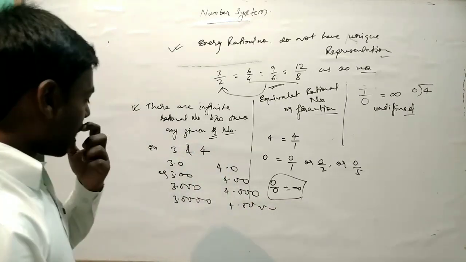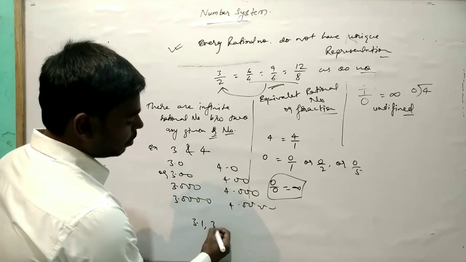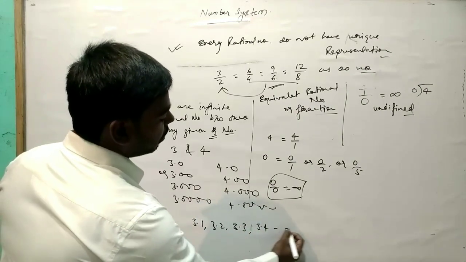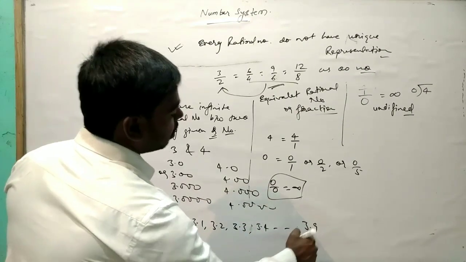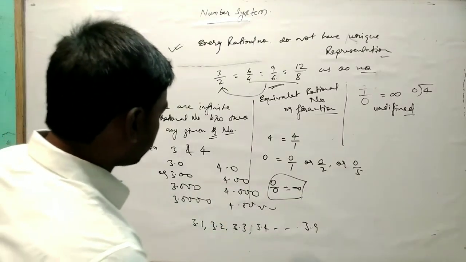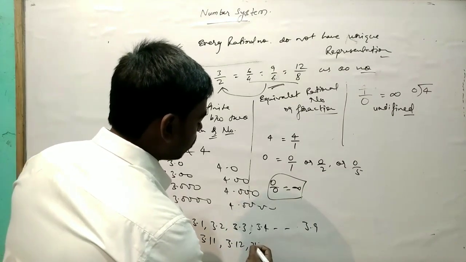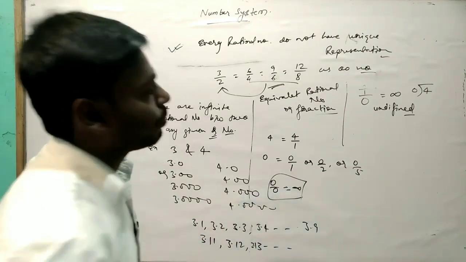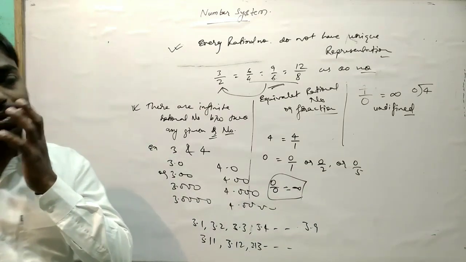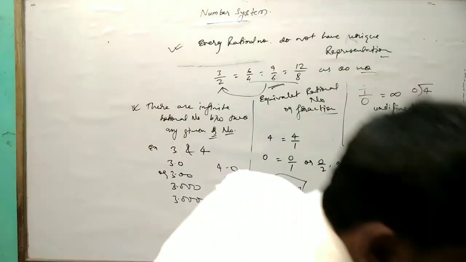Then in between 3 and 4 we can write 3.1, 3.2, 3.3, 3.4, 3.5, up to 3.9. After that it is 4, but we can also write 3.11, 3.12, 3.13, and so on. So we can say that there are infinite rational numbers between any two given rational numbers.